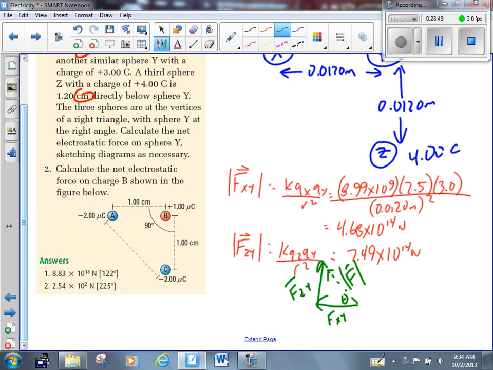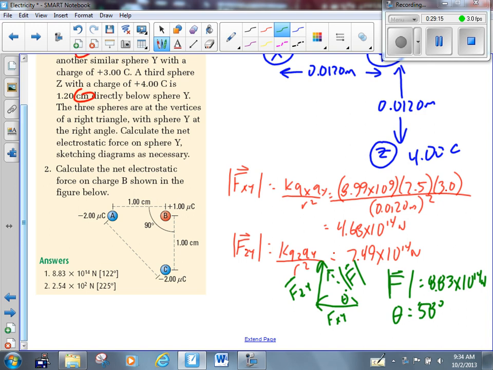We can find F by doing the Pythagorean theorem, and when we do that, I think we should get 8.83 times 10 to the 14. And we can find theta by using the inverse tan function. And when we do that, we should get 58 degrees.